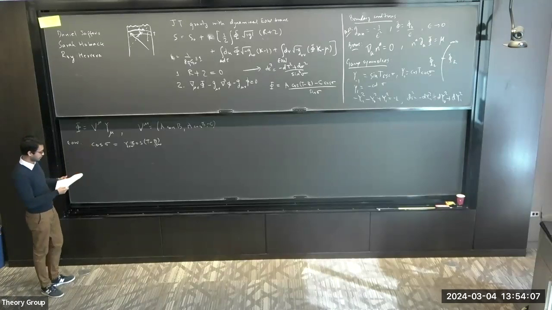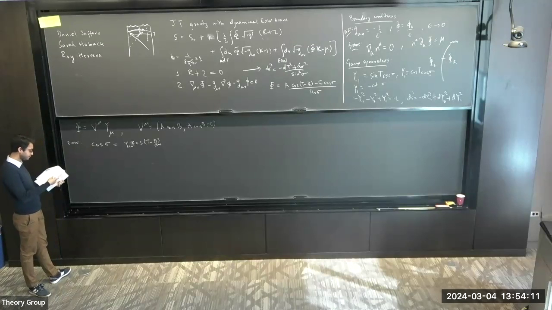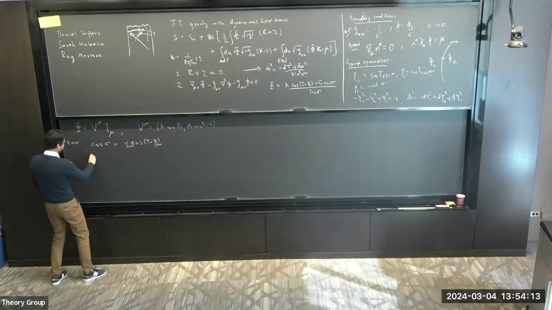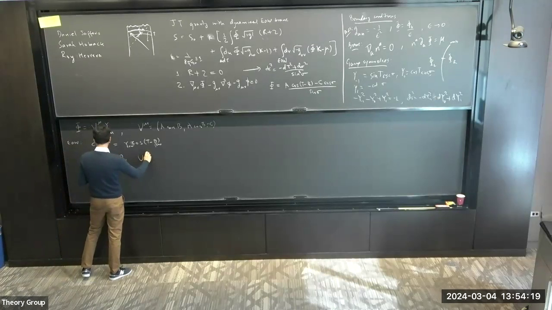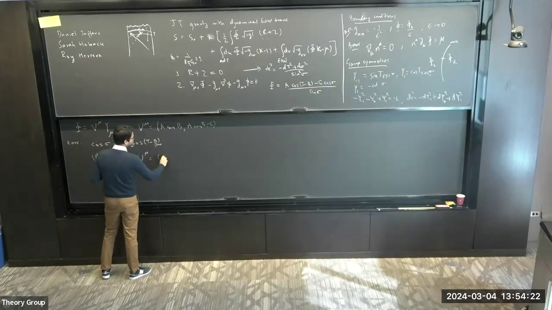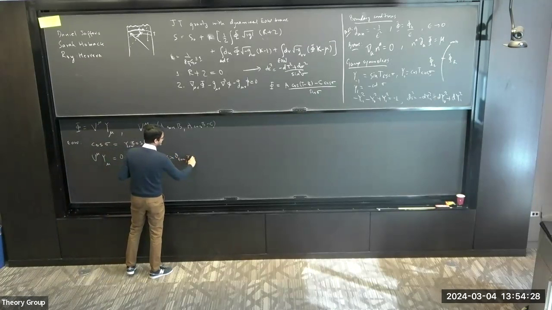In fact, this equation also I can write in a very simple form. I can write this as u mu y mu equals 0, where u mu is just r sine theta, r cos theta, and 1.